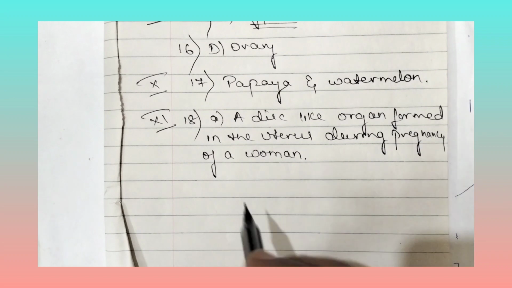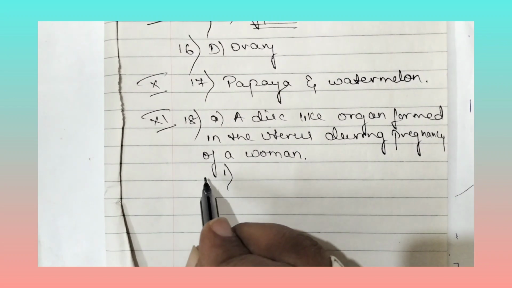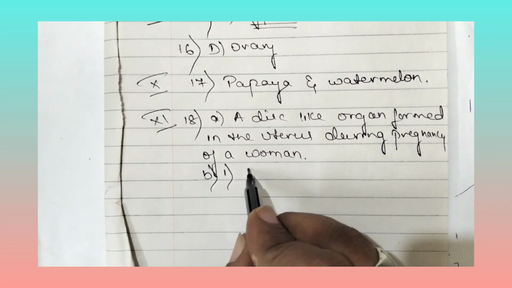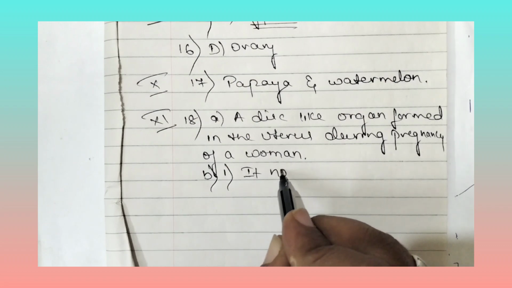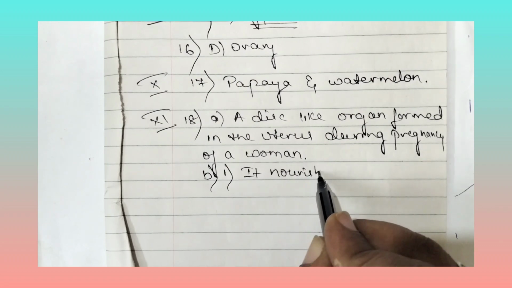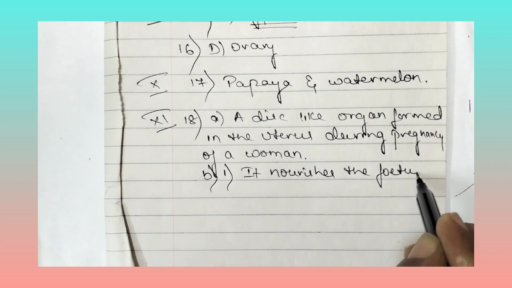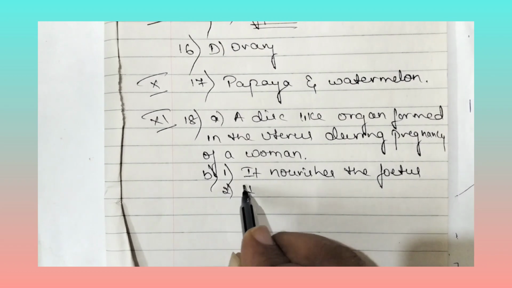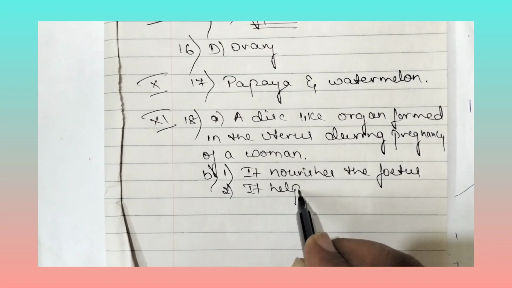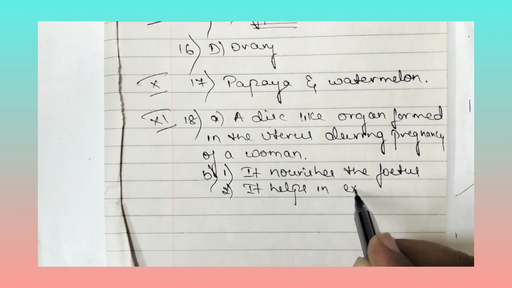Then what are the functions of placenta? The function of placenta is, it nourishes the fetus. Second, it helps in exchange of gases.